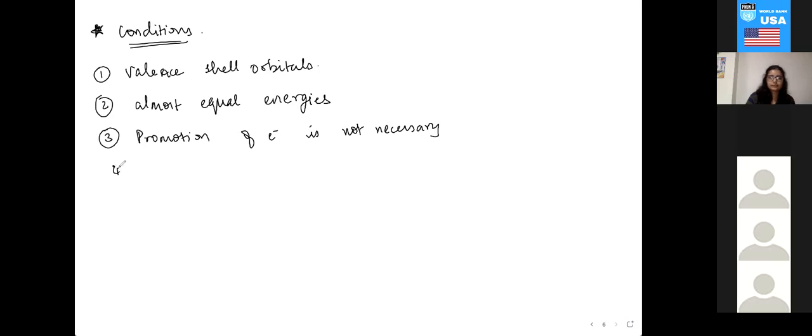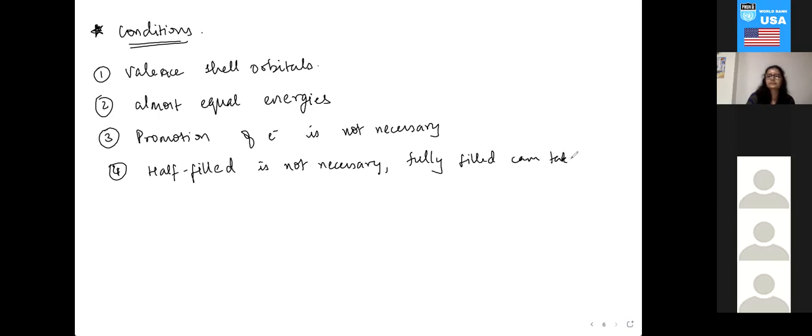And fourth, it's not necessary that only half-filled orbitals take part in hybridization. Even fully filled orbitals can take part. Okay, so these are the conditions.